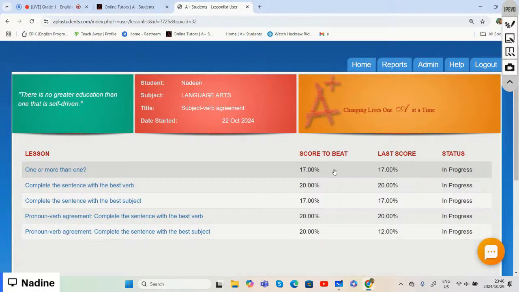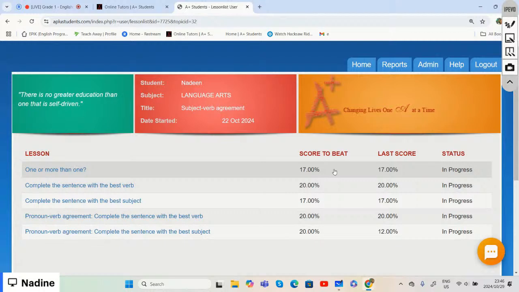All right, so this is the end of our lesson on subject verb agreement. We say that our subject needs to agree with our verb. If our subject is singular, it ends with an s.